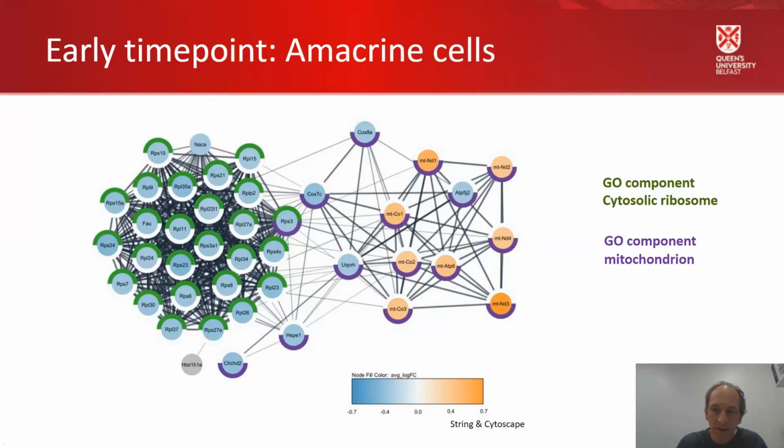So the blue color means that the various ribosomal genes have gone down early on in amacrine cells, suggesting that they're reducing their protein synthesis, whereas genes associated with the mitochondria are increased in expression. So presumably there's more electron transport and ATP generation occurring.